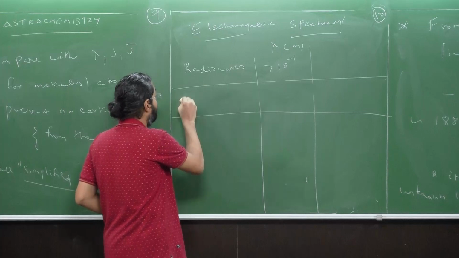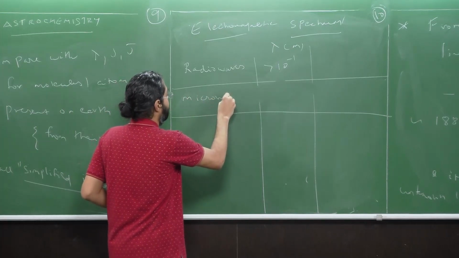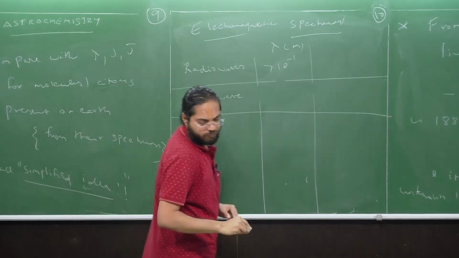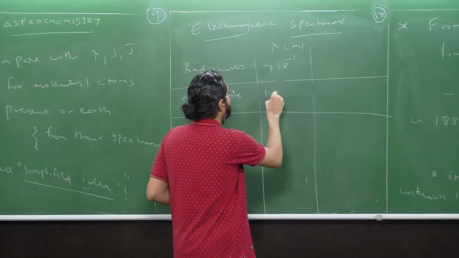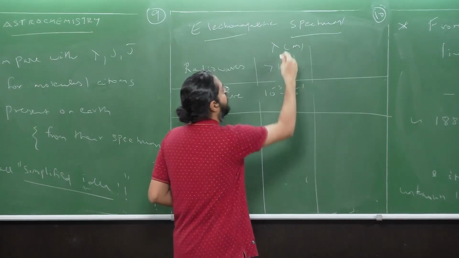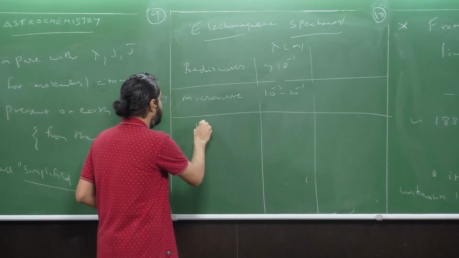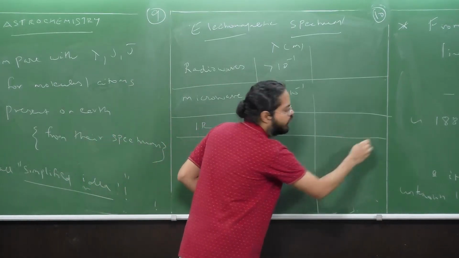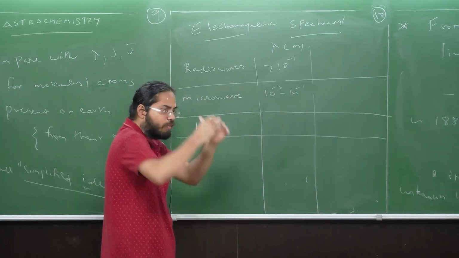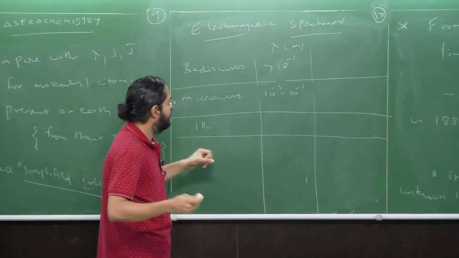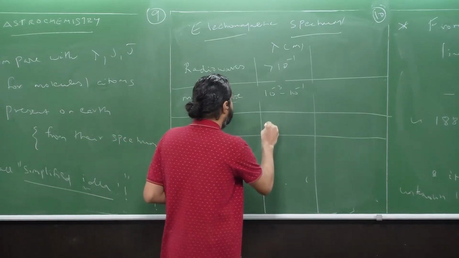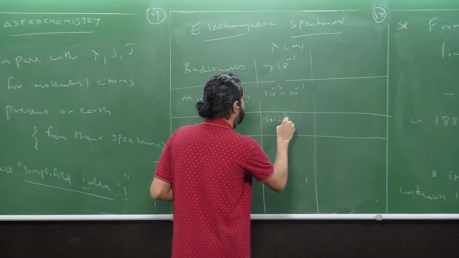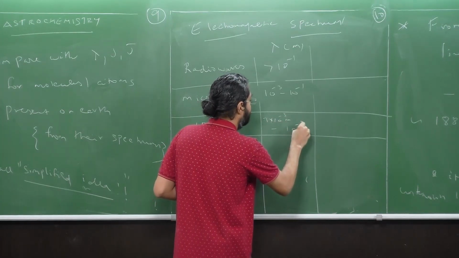This is where a lot of rotations of molecules happen. In the microwave region, the wavelength ranges from 10 to the power minus 3 to 10 to the power minus 1 meters. The next region is the infrared region, which is where a lot of molecular vibrations and rovibrations, rotation plus vibration, happen. This is going to be in the order of 7 into 10 to the power minus 7 meters to 10 to the power minus 3 meters.